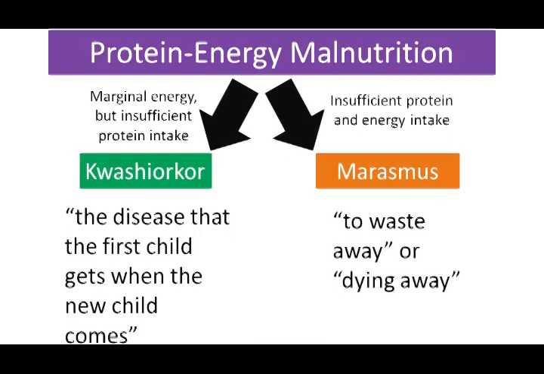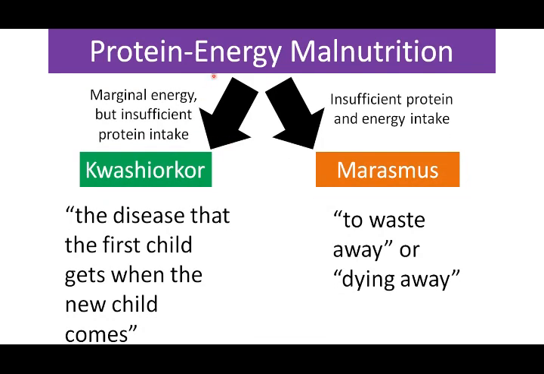Now you have protein energy malnutrition as shown here. On the kwashiorkor side, it is marginal energy but insufficient protein intake. Mostly protein insufficiency is the problem with kwashiorkor, and this is a disease that the first child gets when a new child comes. Kwashiorkor is derived from a tribal language in Africa, which means the displaced child, or the red child.